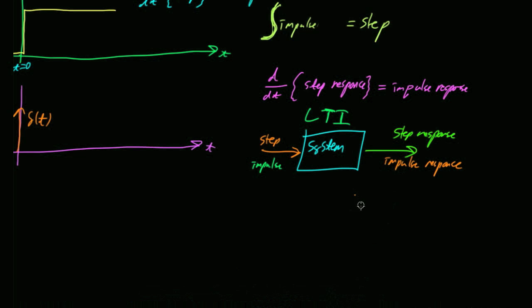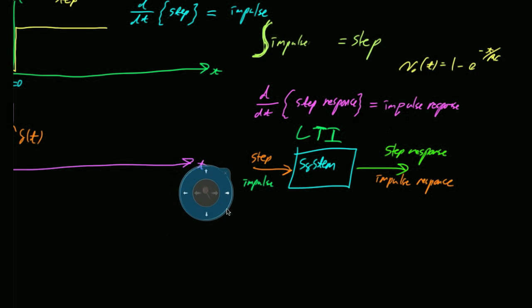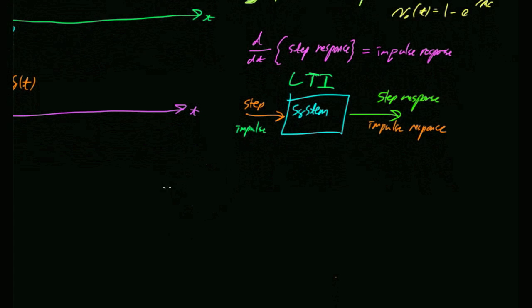And conveniently enough, I know this step response. Conveniently, I already wrote it on the board. So, what is my impulse response, h of t? That's one of these magical, reserved words.